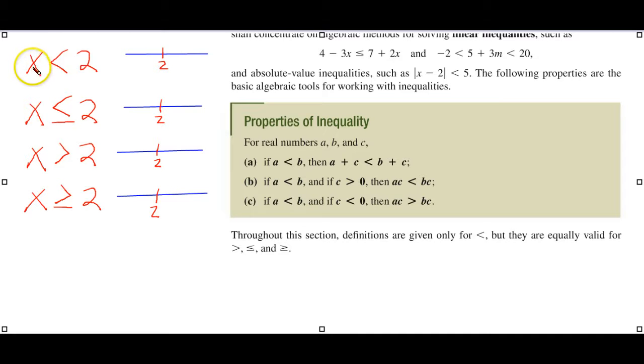Reading the first one, x is less than 2. X is less than or equal to 2. X is greater than 2. X is greater than or equal to 2.